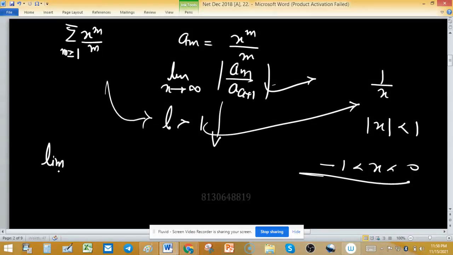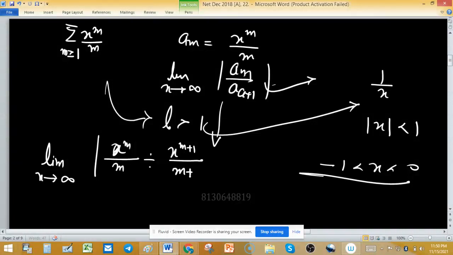So this is the limit as m tends to infinity, and the mod of this one will equal x raised to the power m upon m divided by x raised to the power m plus 1 upon m plus 1.